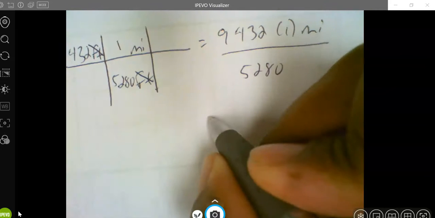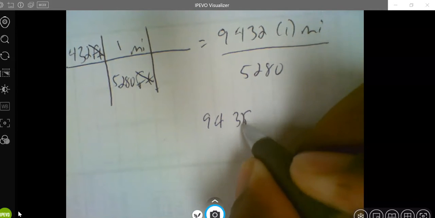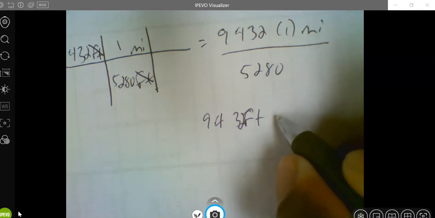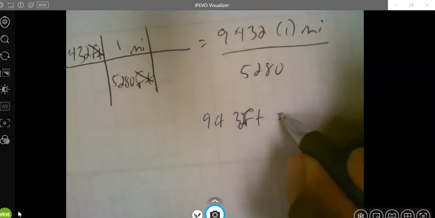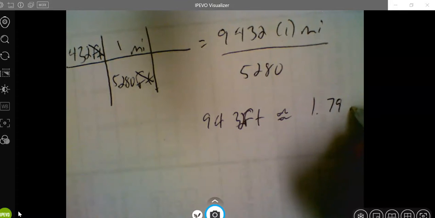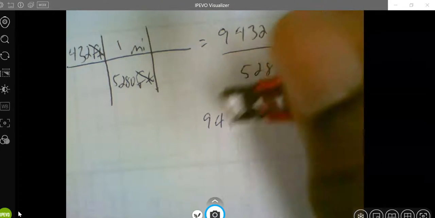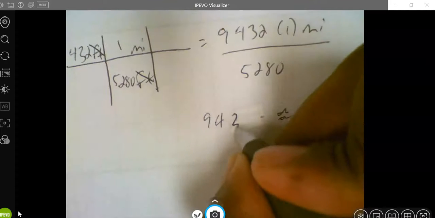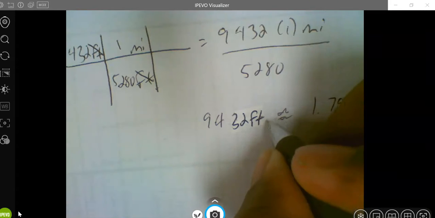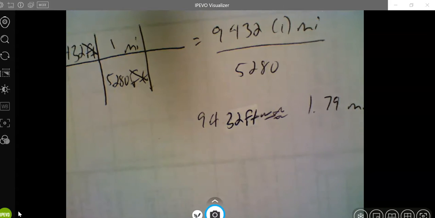So that means 9,432 feet equals about 1.79 miles. I'm going to make that look a little better. It's about that many miles. All right, let's do another one.